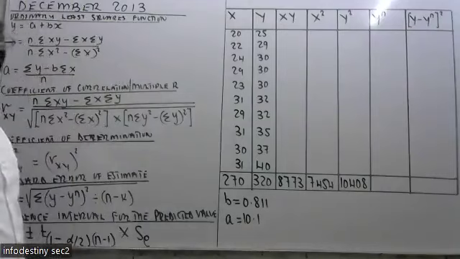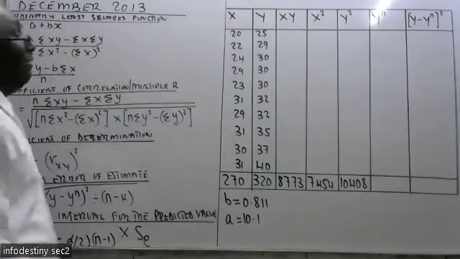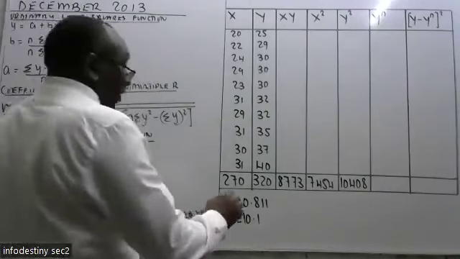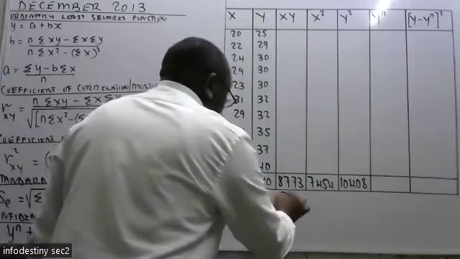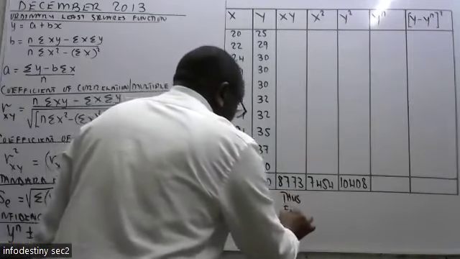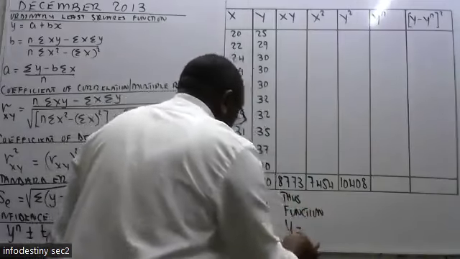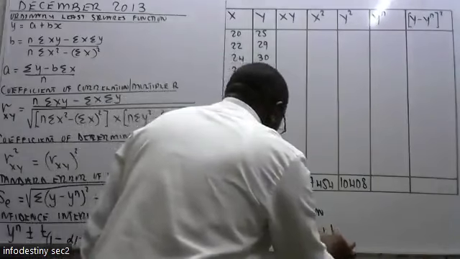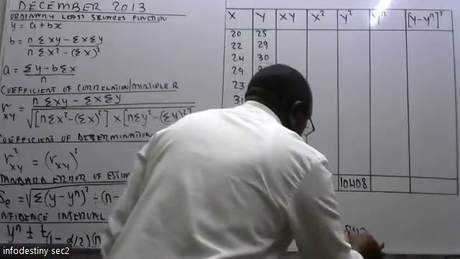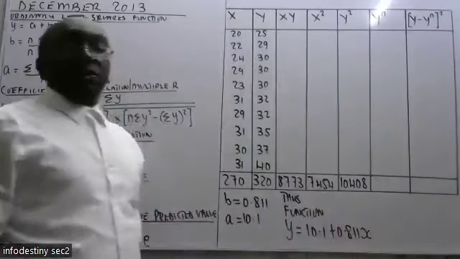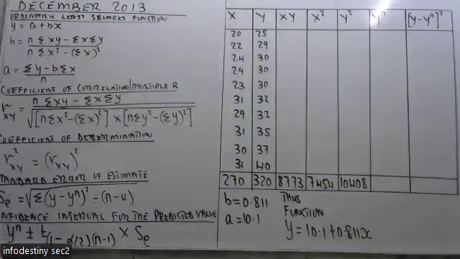Okay, so that's the function: y is equal to 10.1 plus 0.81x. So we have answered that.